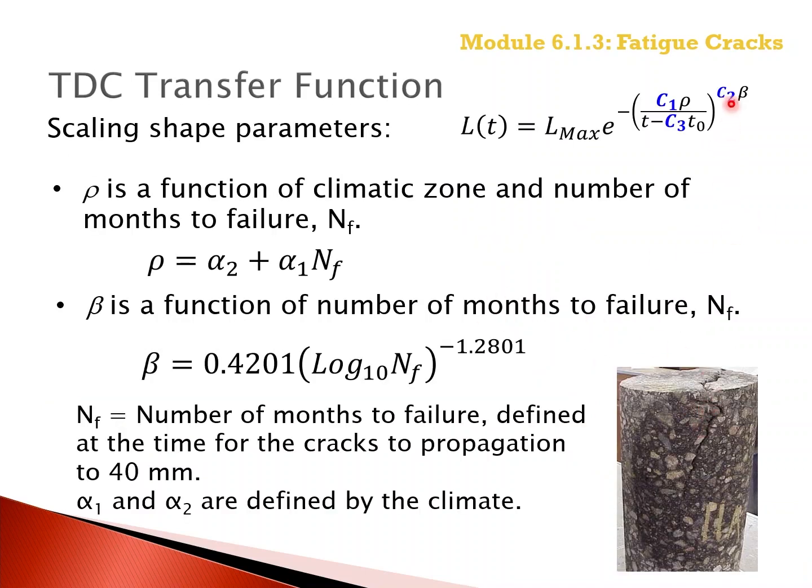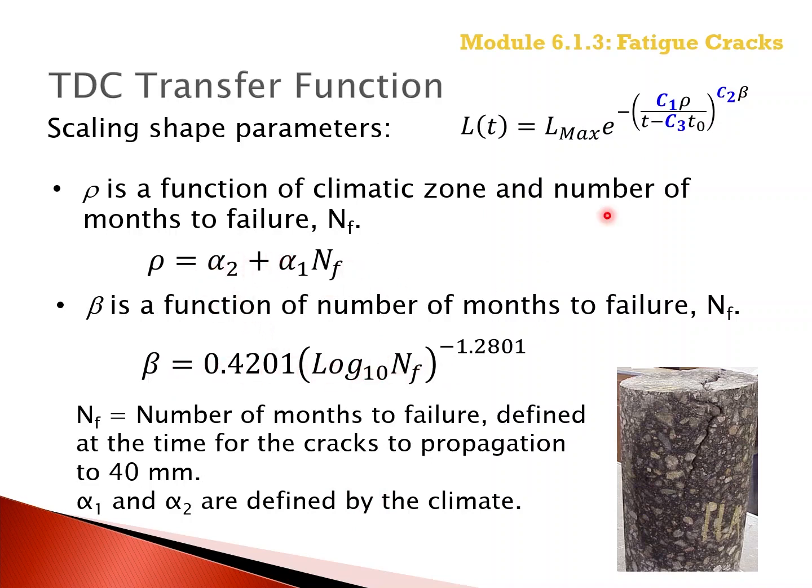The rho variable or constant is a function of climate and the number of months to failure, designated as capital N sub F, or the top-down crack propagation to a depth of about 1.5 inches. The beta function, or constant, is the number of months to failure.